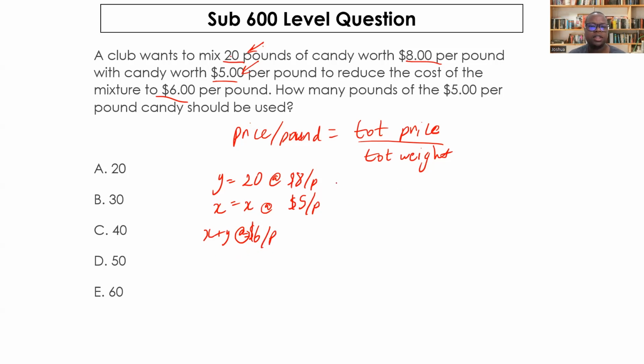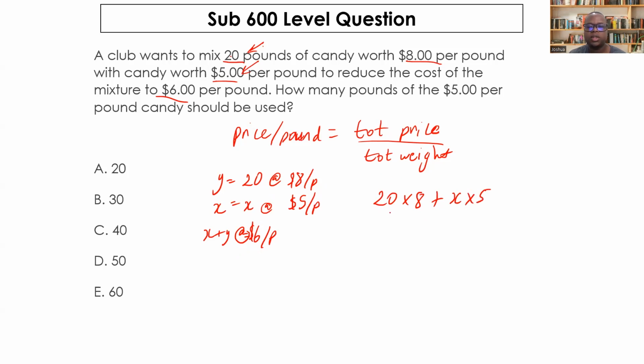So the total price for this mixture will be the number of pounds times the price per pound. That is 20 times 8 plus, for the other, x times 5.